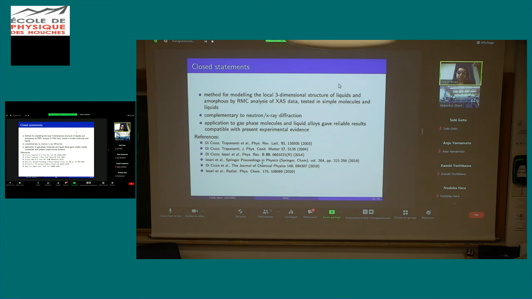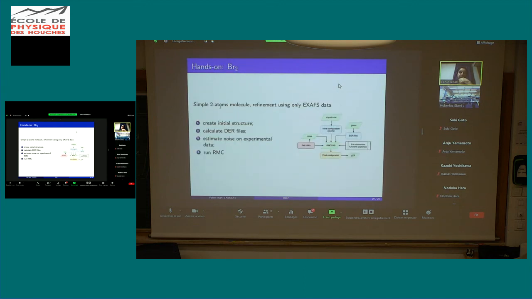These are some of the references of the works that I showed here, and maybe later we can do the hands-on on the RMC. Also RMC, like GNXAS, has various programs that I use to create the structure, the input files for the calculation, and a program to estimate the noise on the experimental data, and then finally we run the RMC.